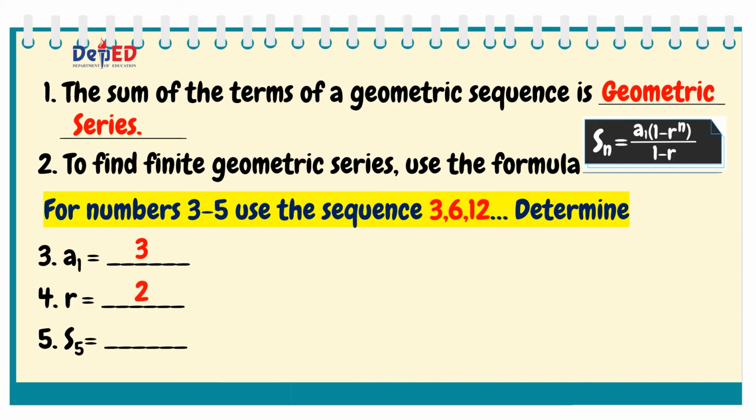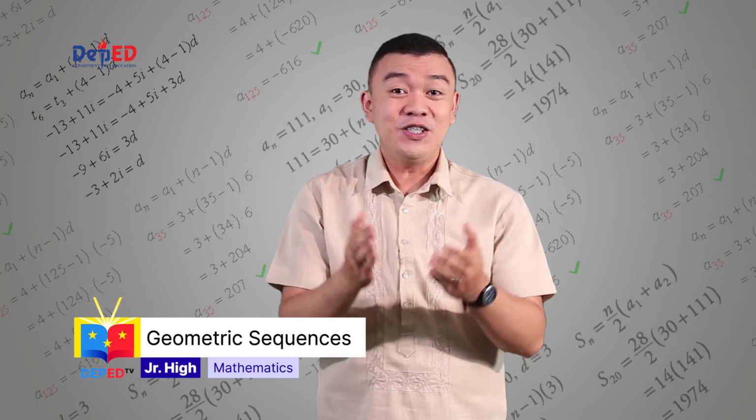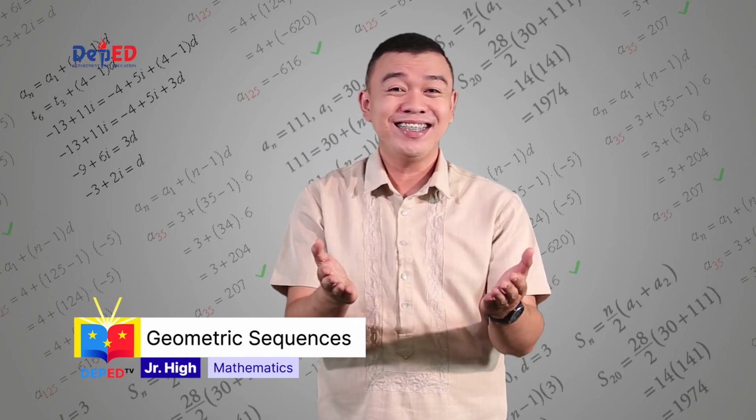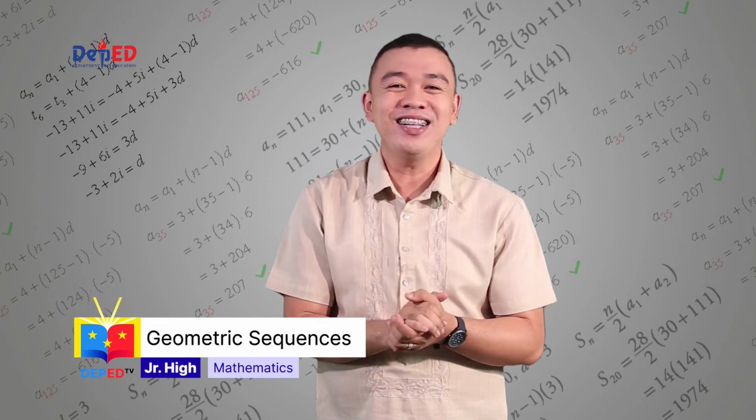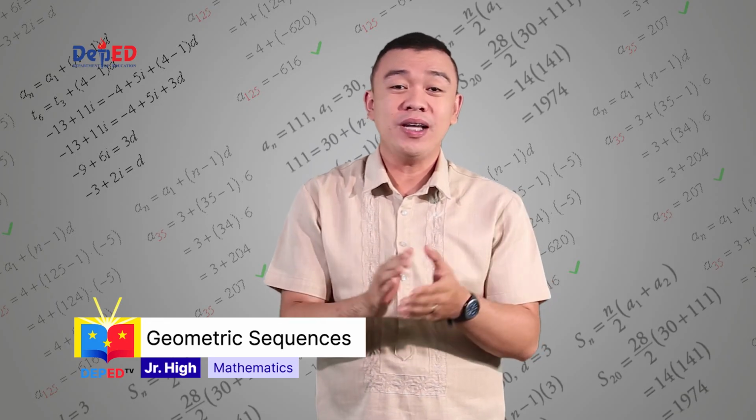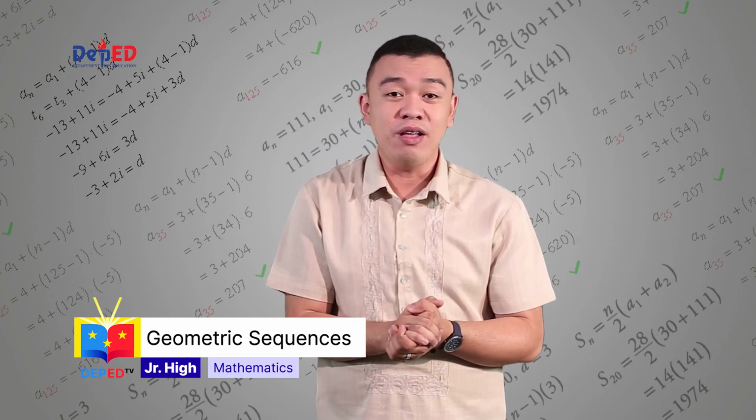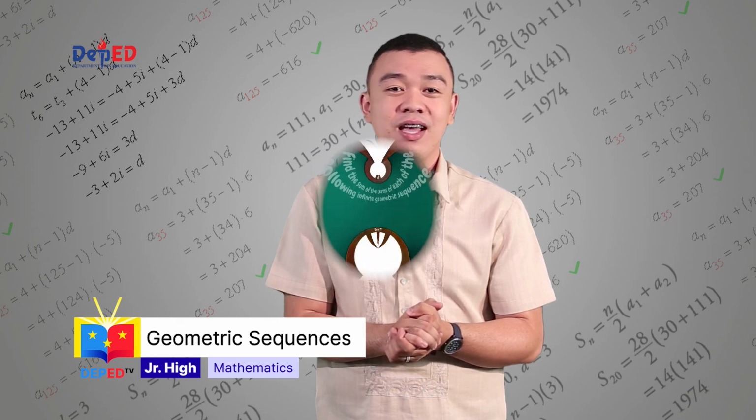Right, 2. What about the sum of the first 5 terms? Correct, that's 93. Do you have the same answer with me? Of course! Well done! Let's boost up your learning more with another assessment questions.